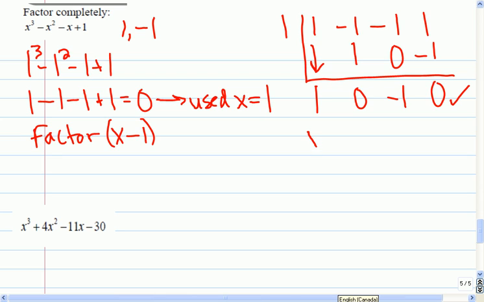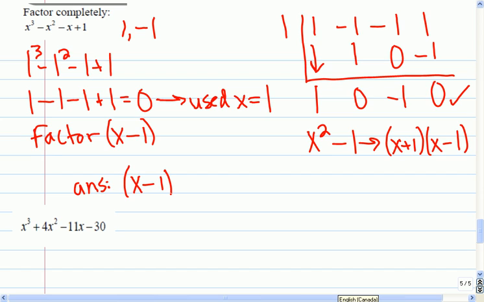And this tells me that it's x squared minus 1 as the quotient, which factors to x plus 1, x minus 1. So the answer for this question would be x minus 1, the first one I found, and then the remaining terms, which were x plus 1 times x minus 1.